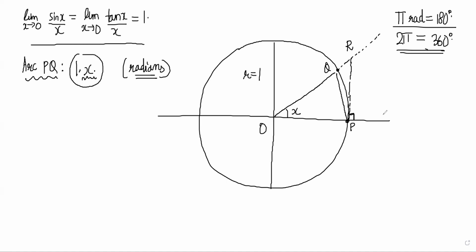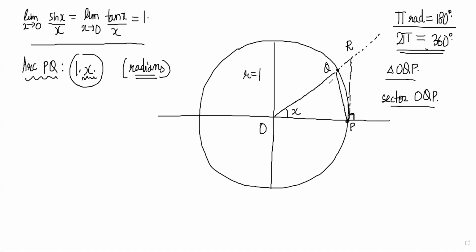Okay. So now you have three things here. You have triangle OQP. Can you see the triangle OQP? Yes, sir. This is the side QP, and OQ and OP are the other sides, right? You also have a sector OQP. Can you see the sector?